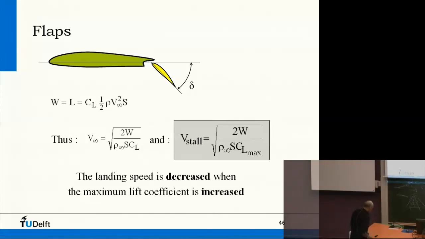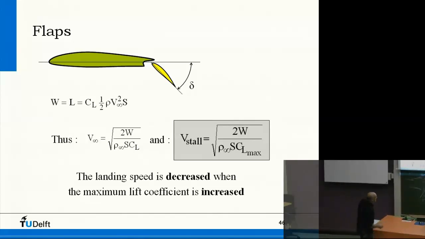The velocity associated with this point here is called the stall velocity, right? So the CL max is associated with this point here. And that is, of course, V stall equals the square root of W divided by half rho S CL max. That's only if you rewrite this equation.